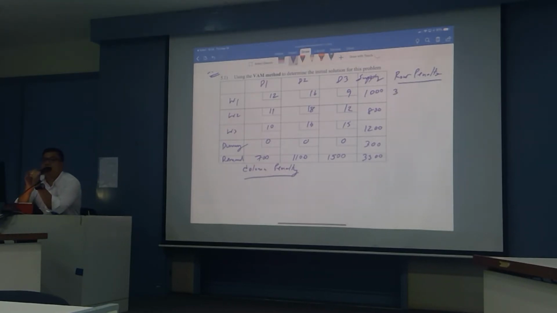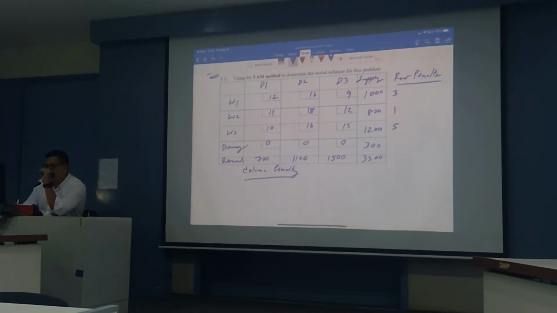So this is the first row penalty. The second row, the two lowest costs are 11 and 12, so the difference is 1. The third row is 10 and 15, the difference is 5. The fourth row is 0 and 0, the difference is 0.